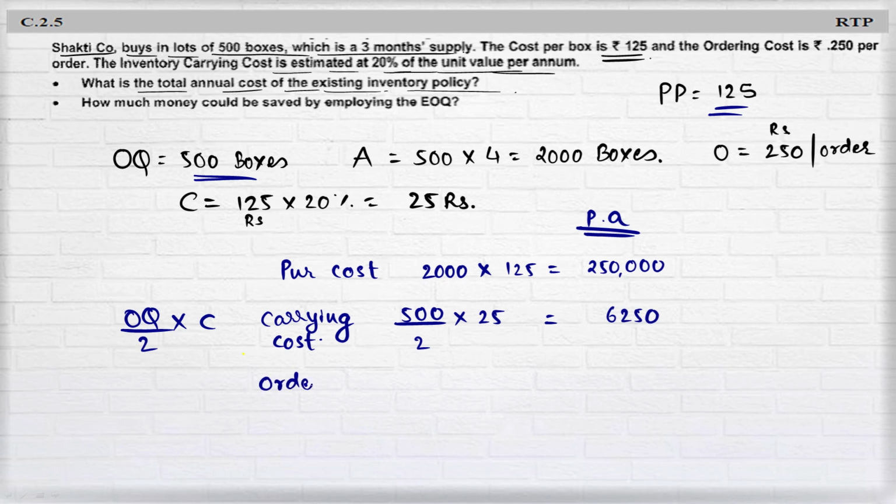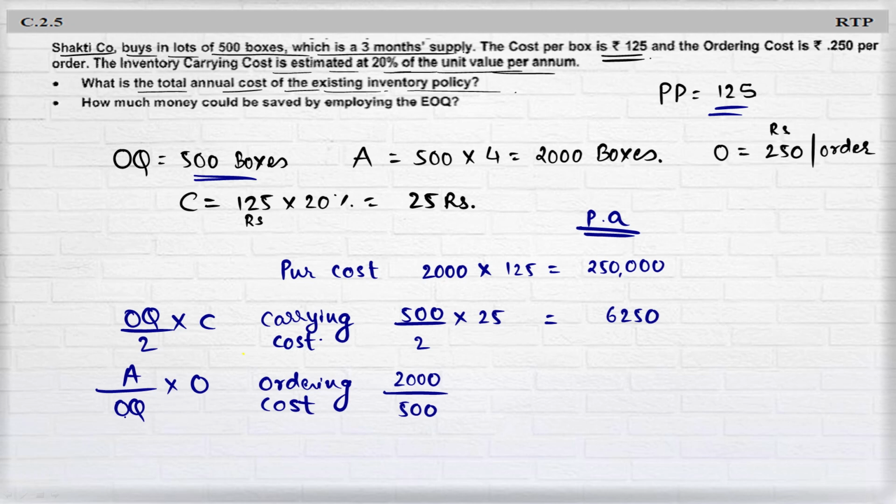What will be the ordering cost? How to find out ordering cost? A divided by OQ multiplied by O. A is 2000 divided by 500. What is 2000 divided by 500 first? The answer is 4. What is 4?